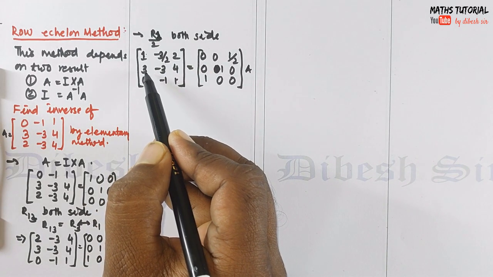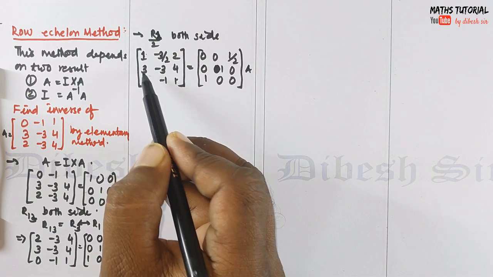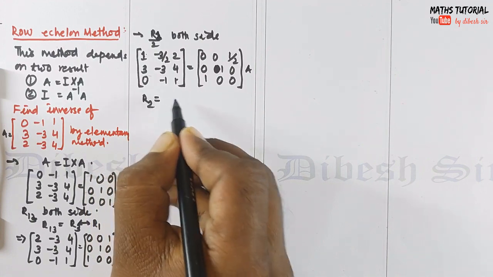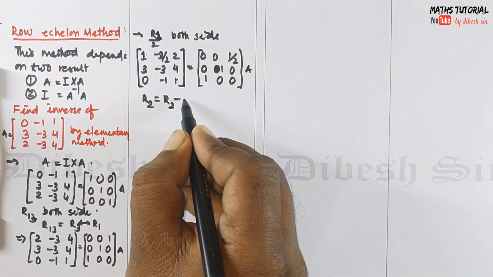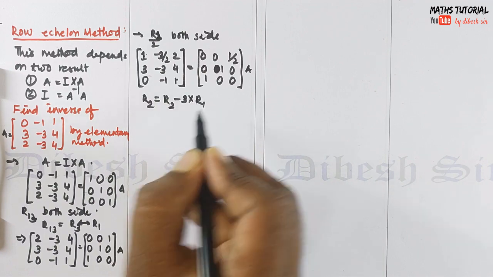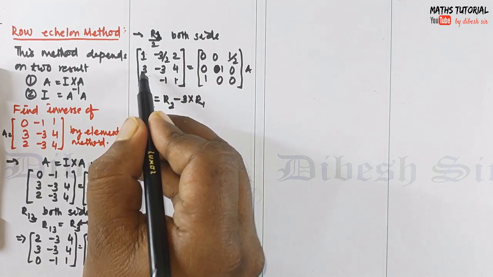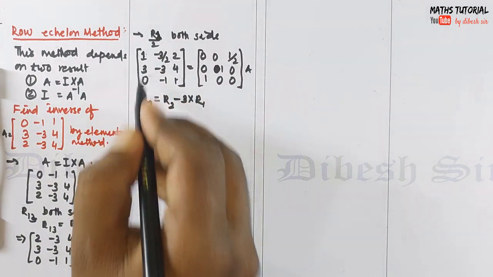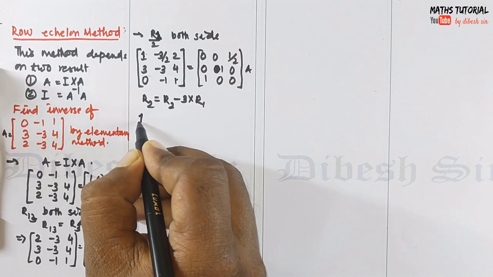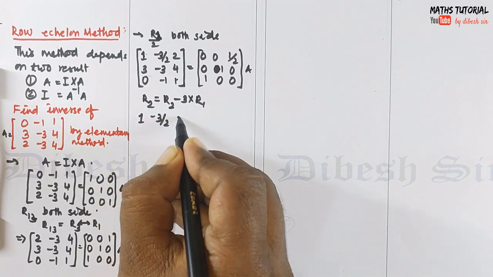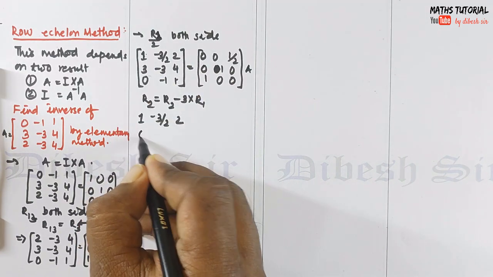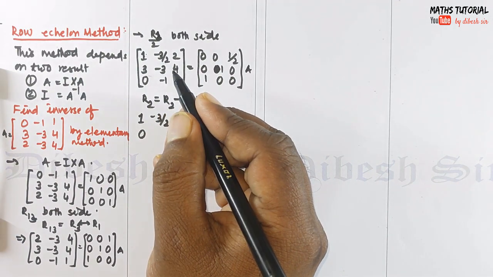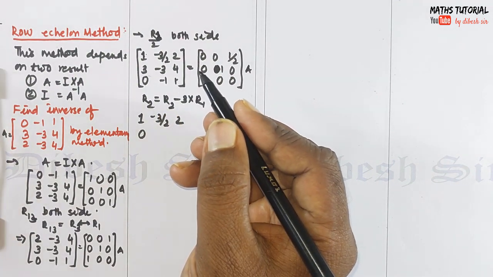So to make this 0, R2 is equal to R2 minus 3 into R1. Check it. This is R2: 3 minus 3 into 1, that is 3 minus 3 is 0. So 1, minus 3 by 2, 2, then 3 minus 3 is 0. Take a rough paper and calculate outside.